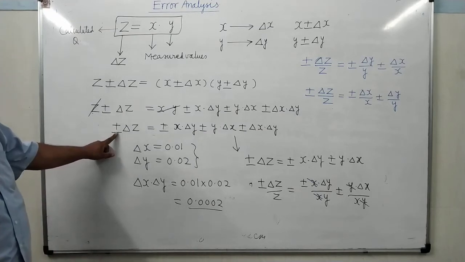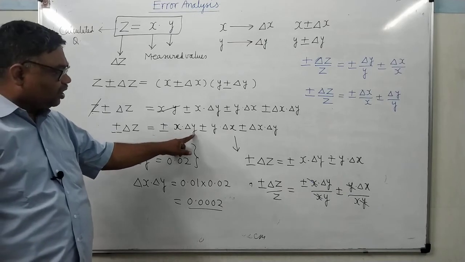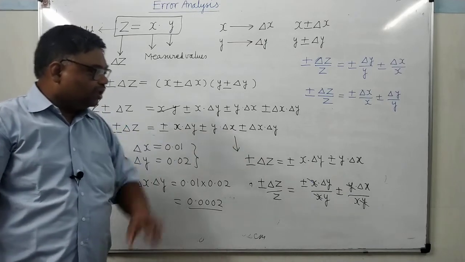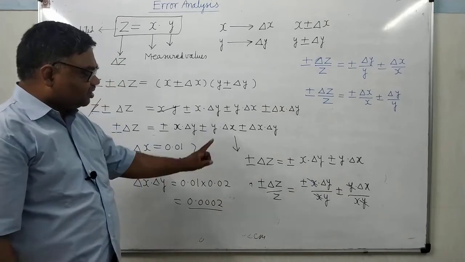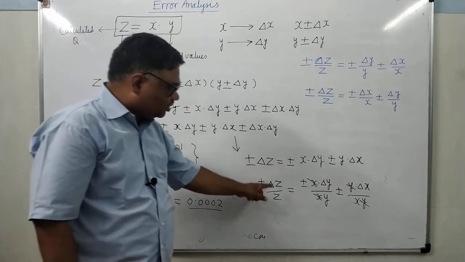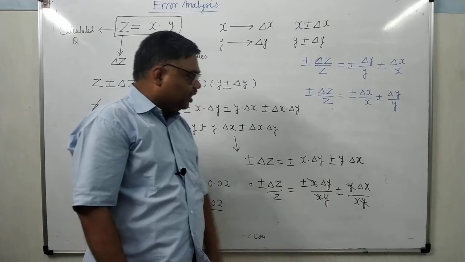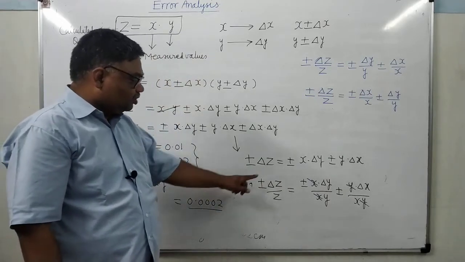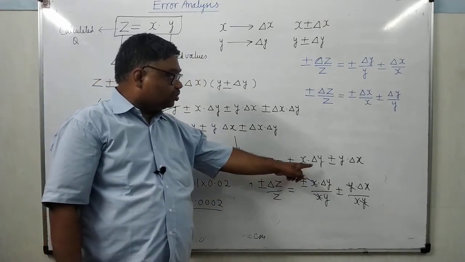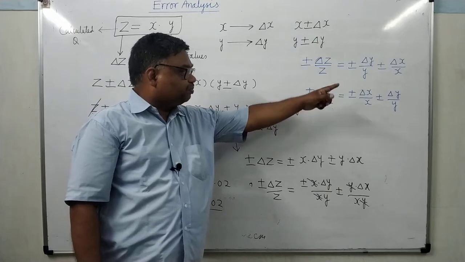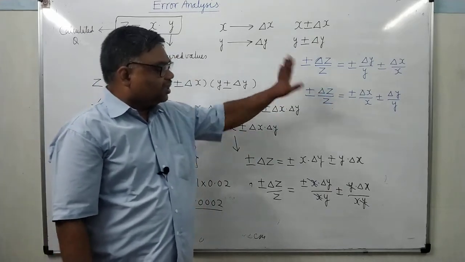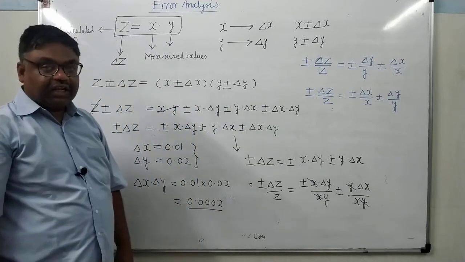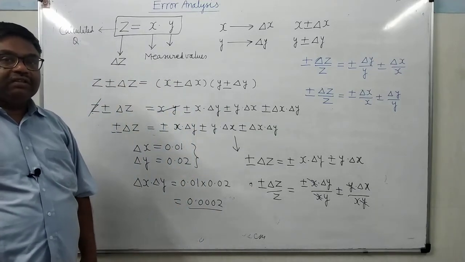Plus minus delta Z equals plus minus X into delta Y plus minus Y into delta X. Now you divide both the sides by Z, but since Z is equal to XY, on this side we write Z and on this side we write XY. It is clear? So delta Z upon Z equals delta X upon X plus minus delta Y upon Y. Now what is delta Z upon Z? It is the relative error in Z.